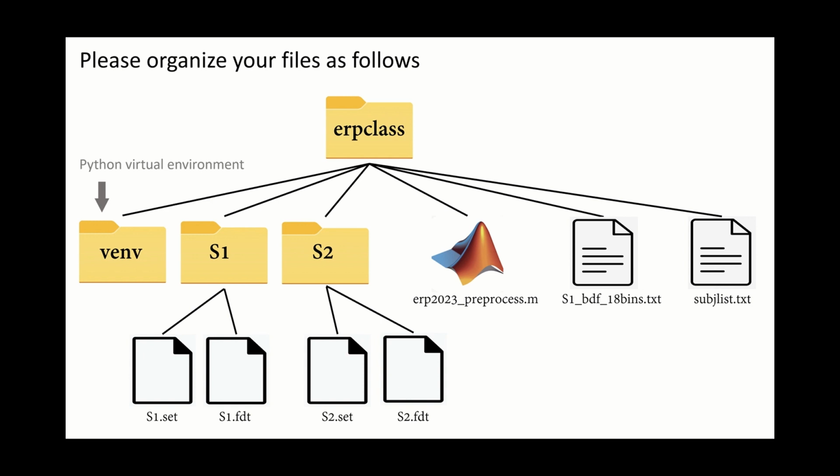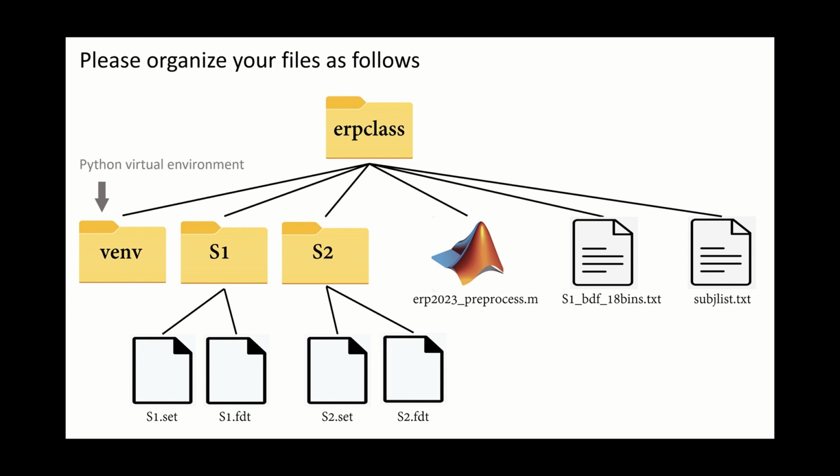Alright, so everybody has this ERP class folder, right? In which there is a Python virtual environment called venv, which is not really relevant in this case. And also in the first lab session class, we created an S1 folder under ERP class. So in the S1 folder, there were 6 CNT files, which we merged into a SET file with the cntconvert.m script, if you still remember.